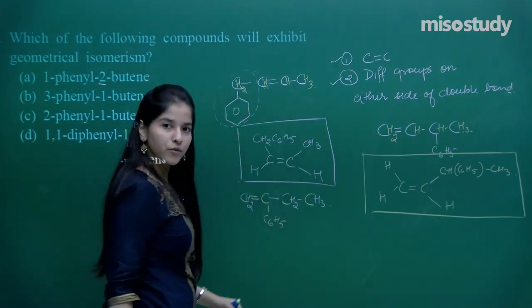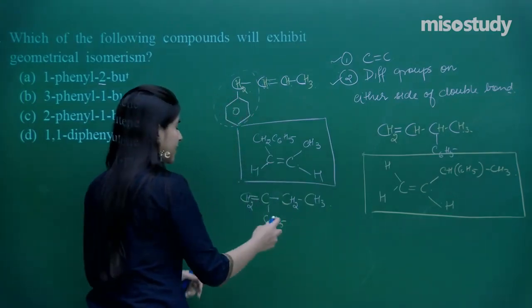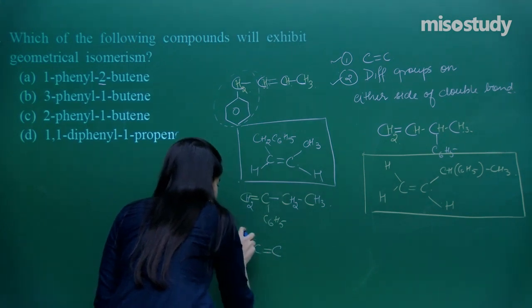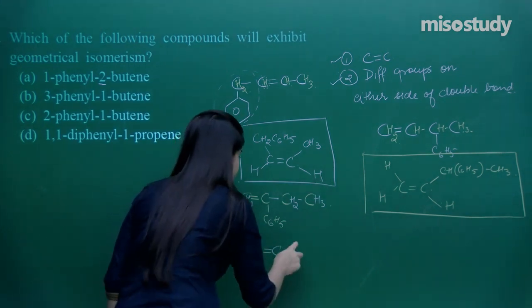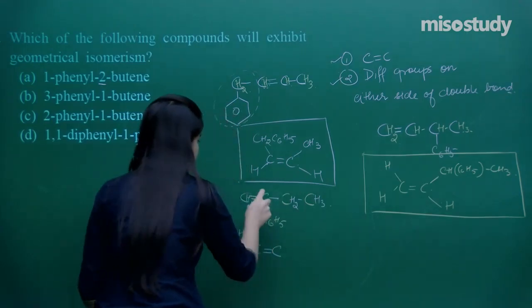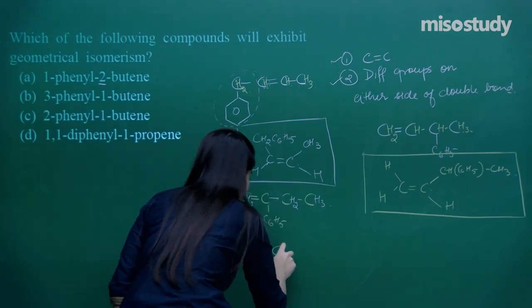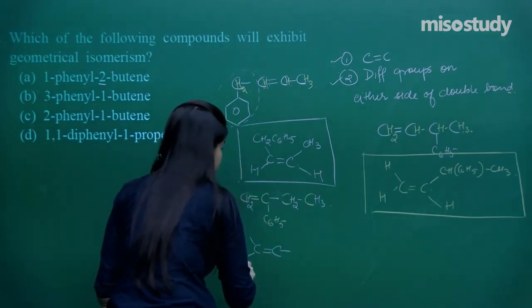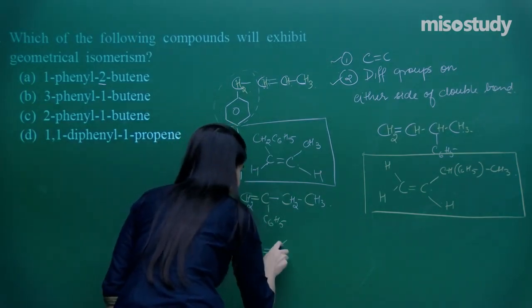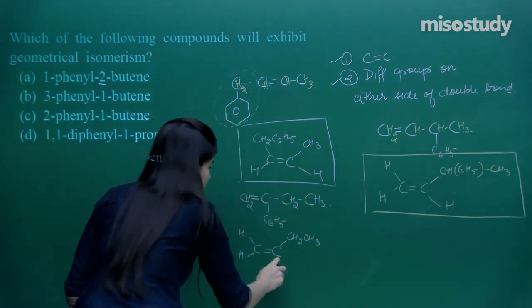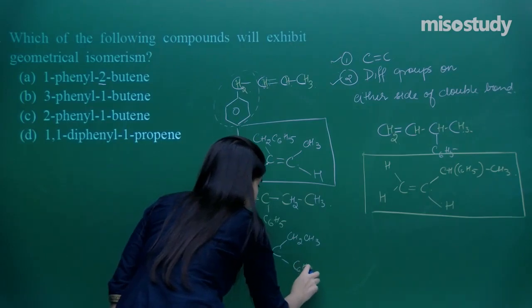Let us arrange it. Some of you might have got the answer by now. So it is 2-phenyl, and it would be something like this, CH2, an ethyl group along with a phenyl group attached, C6H5.